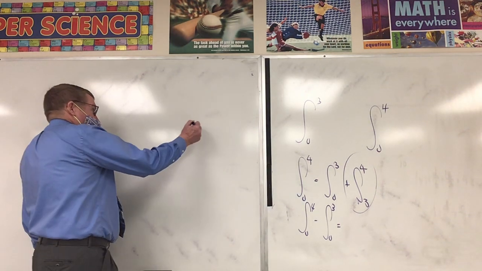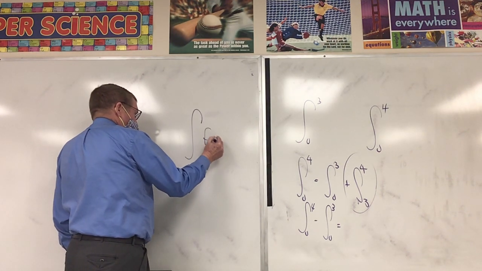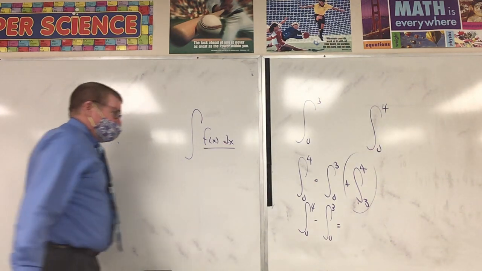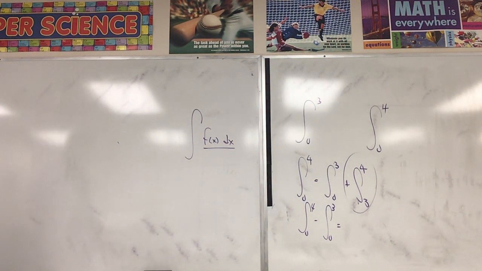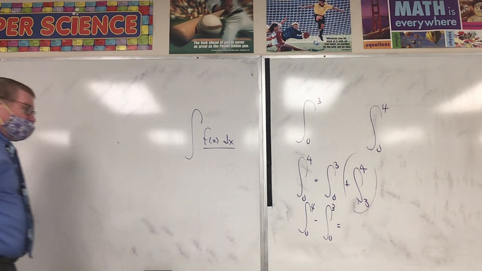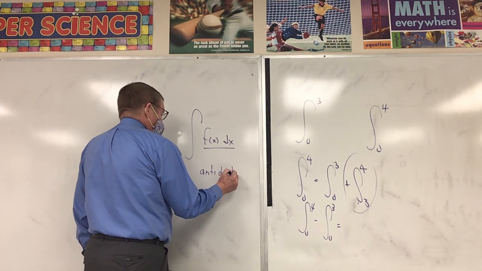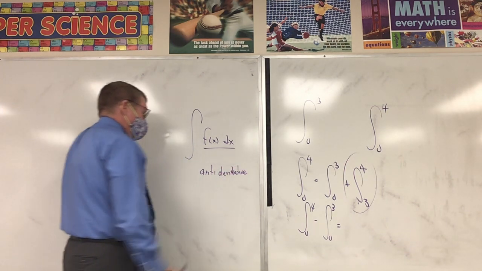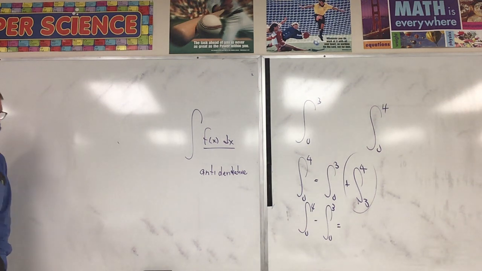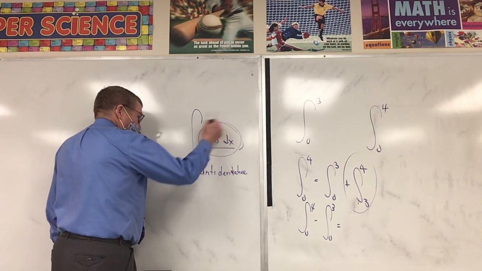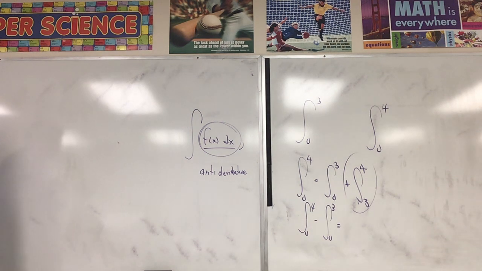What is the derivative? That is the opposite of the integral. When we have the integral, the function here, as you see, is a derivative. And when we take the integral, we are taking the antiderivative, correct? The antiderivative of the derivative would be the function. If I take the derivative of the function, then I get the derivative. Okay?